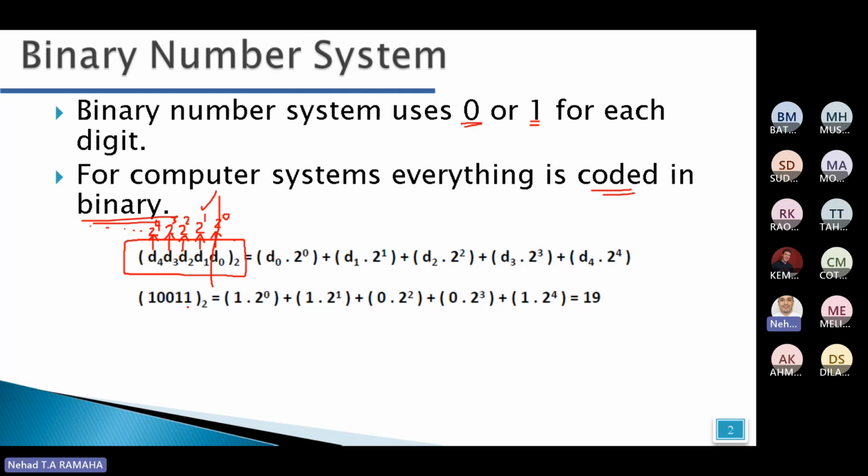So this number here, what's the value? This is the position for each one: 2 power 0, 1, 2, 3, 4, and so on.